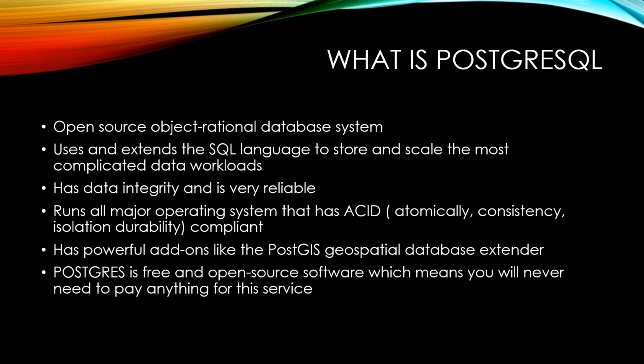It uses and extends the SQL language to store and scale the most complicated data workloads. It has integrity and it is very, very reliable. It runs on all major operating systems, and it is automatically consistent, isolated, and also very durable.